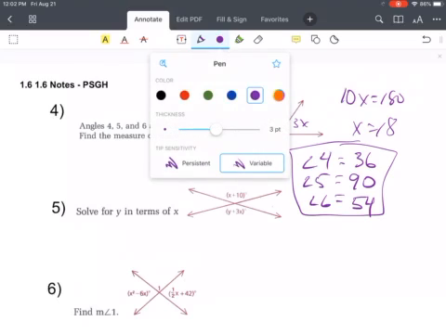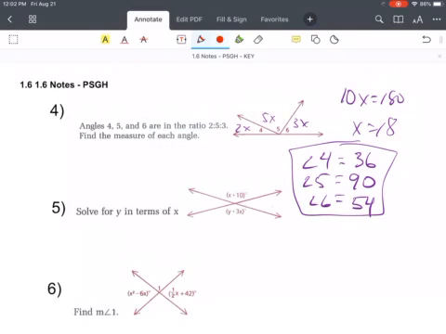Solving for y in terms of x just means that you're going to get y equals something, but x can be a part of your answer. So the thing that we do know about this particular problem is because those two angles are vertical angles, I can set those two angles equal to each other. And then it says solve for y, so I'm just going to get y by itself.